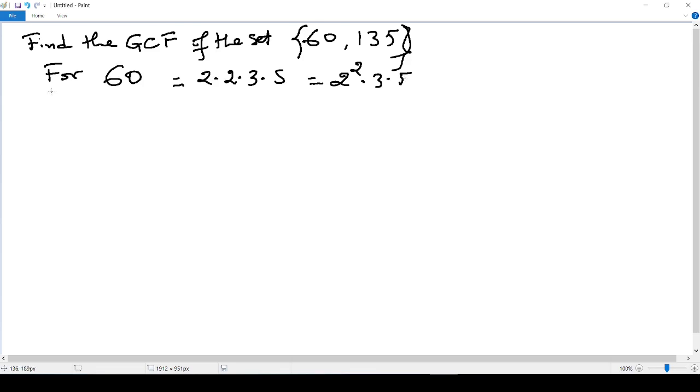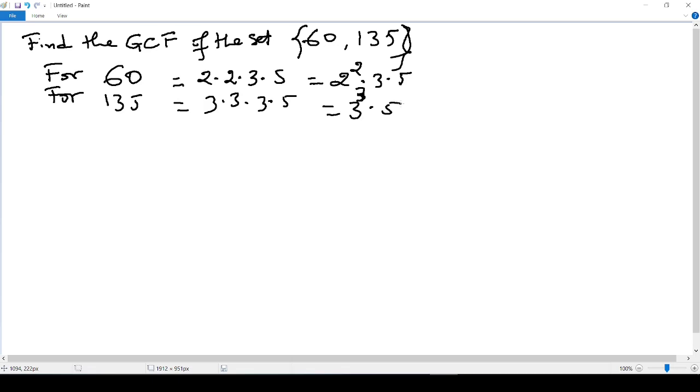And for 135, the prime factorization is 3 times 3 times 3 times 5, or 3 to the third power times 5. The next step says to determine the prime factors that are common to all the numbers.